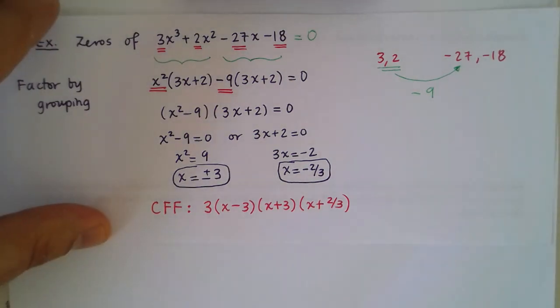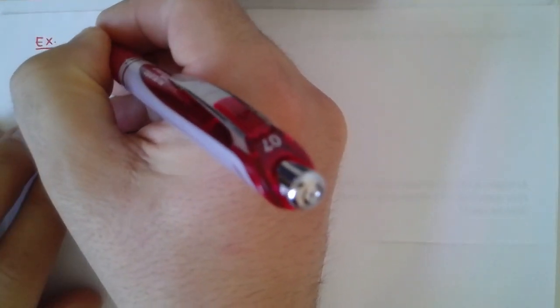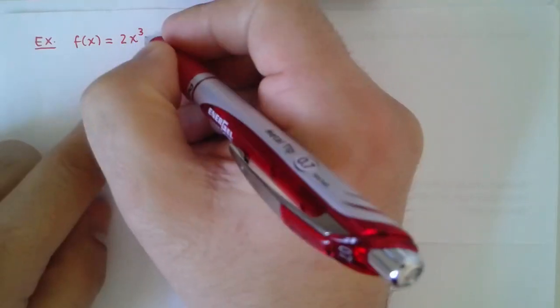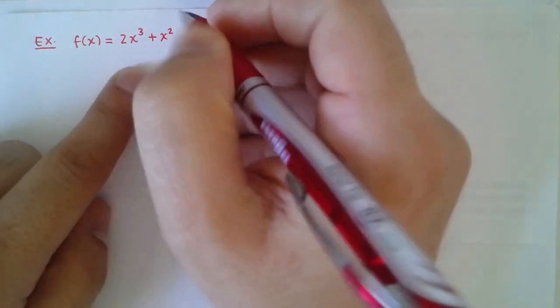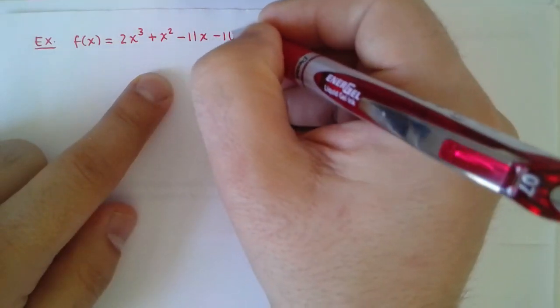Let's move into another example. Now, if factor by grouping doesn't work, it starts to become a little bit tricky. Let's take f of x given by 2x to the third plus x squared minus 11x minus 10.